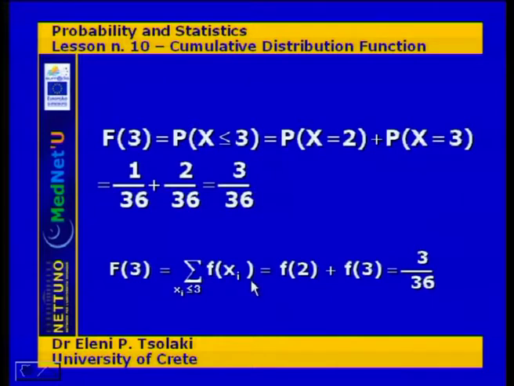For all other values f of x will be 0, and only for x equals 2 and 3 is it not 0. This means that this is equal to f of 2 plus f of 3. And we find again that this is 3 over 36.